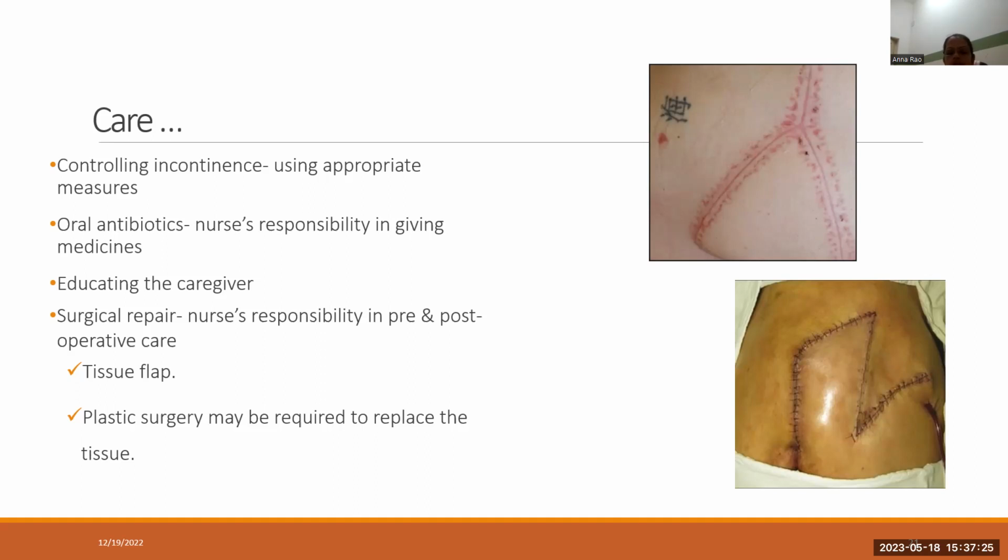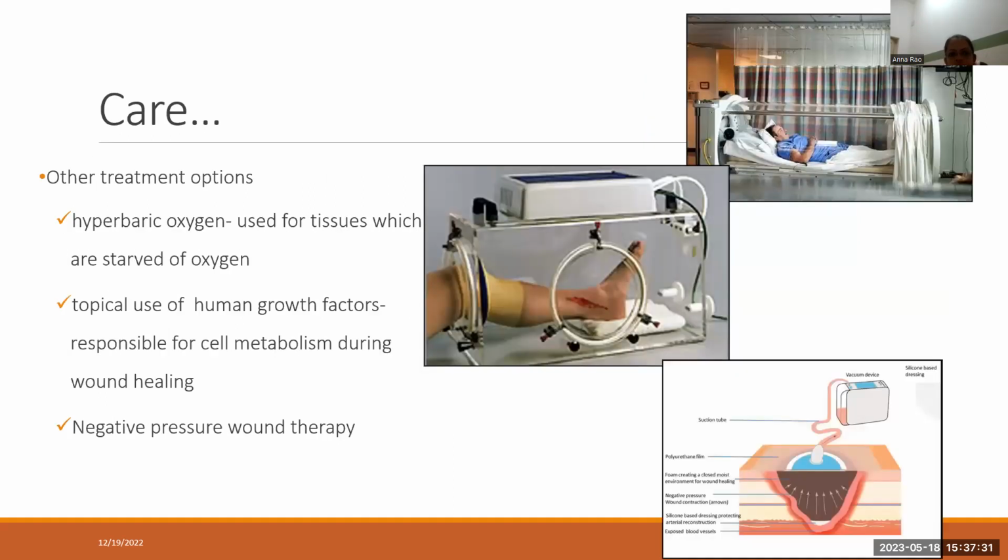Okay, and there, as nurses, we have to give pre and post operative care. Other treatment options available in the hospital are hyperbaric oxygen. So here the tissues are given high pressured oxygen. Either the patient is kept in the oxygen tent, or the injured tissues are kept under oxygen.